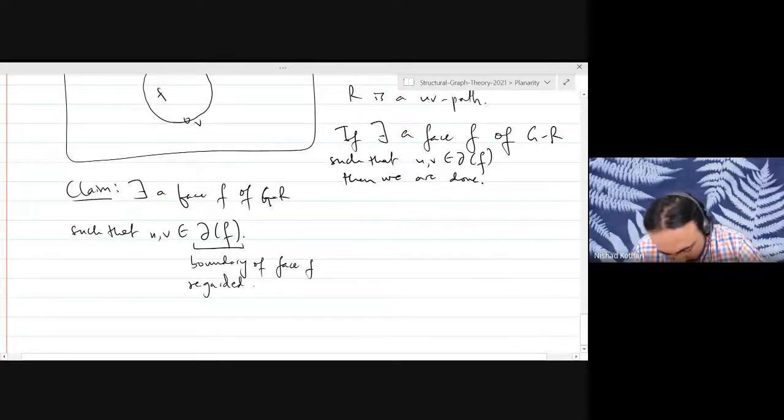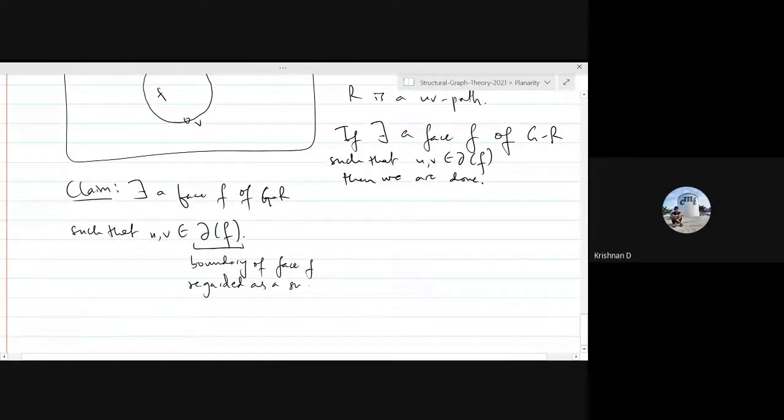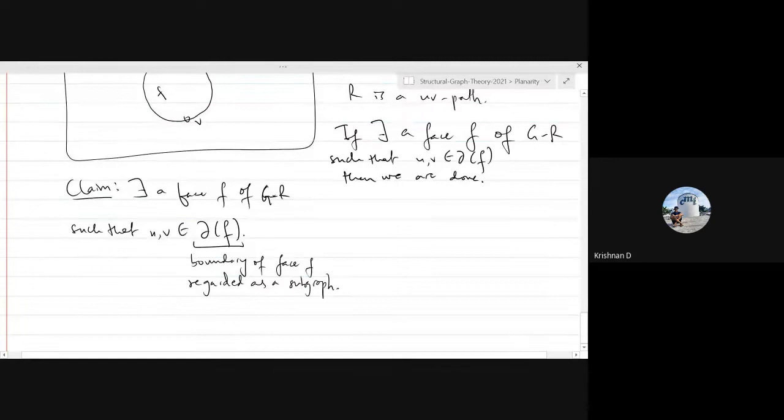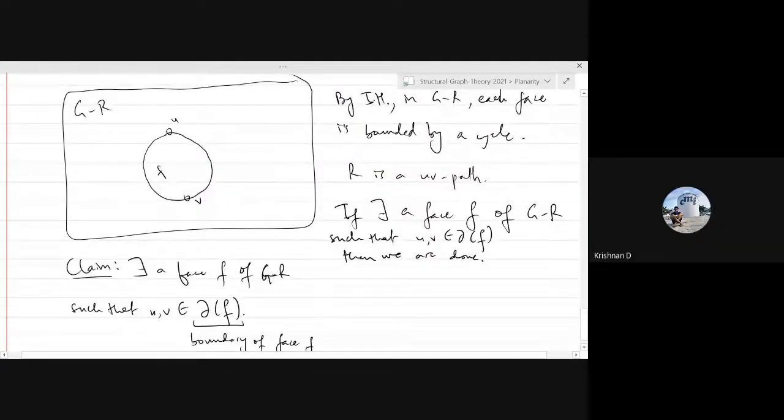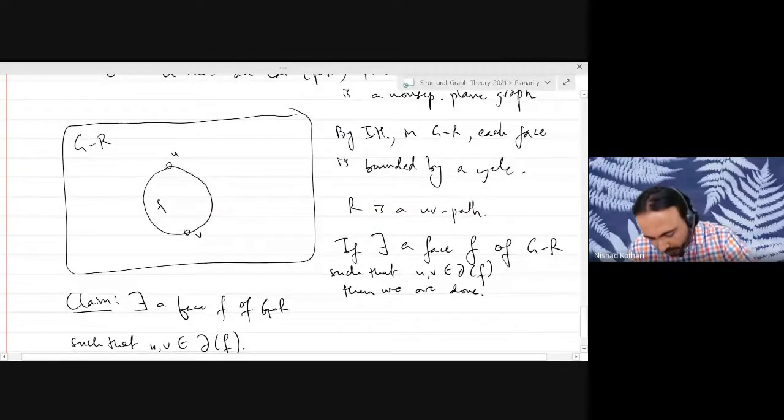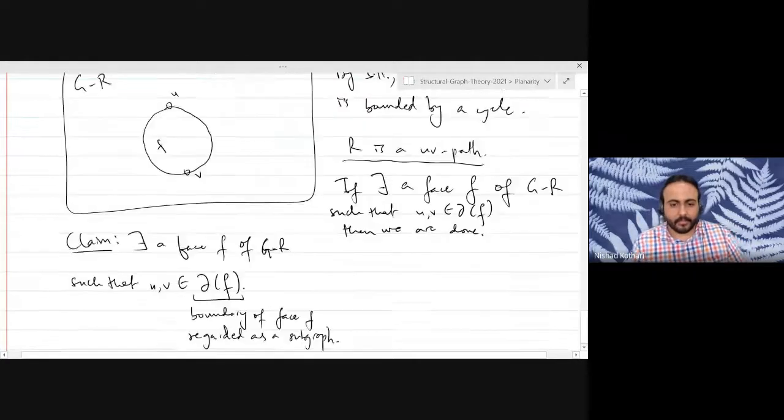So U and V are the points where the path joins the graph, right. R is a UV path.